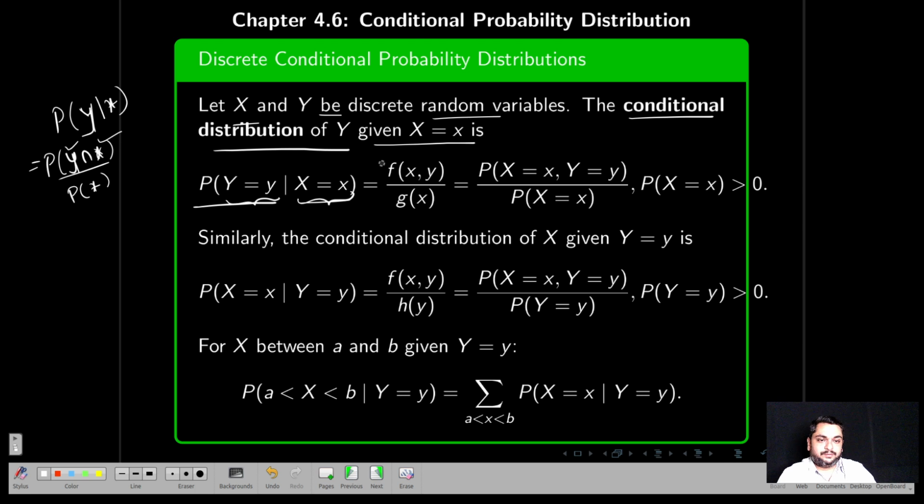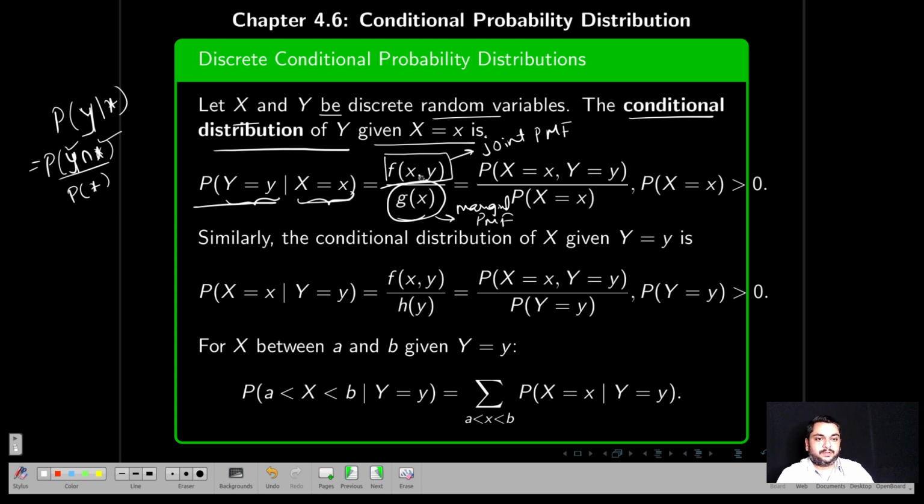See, the definition is very simple. What is this? This is the joint PMF in case of the discrete random variables. What is this? This is nothing but the marginal probability mass function. That's it.